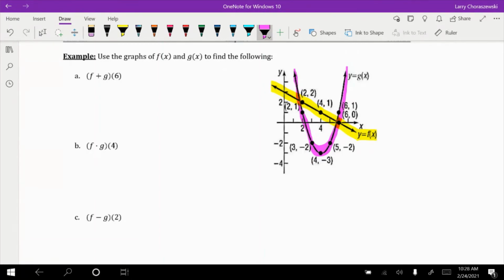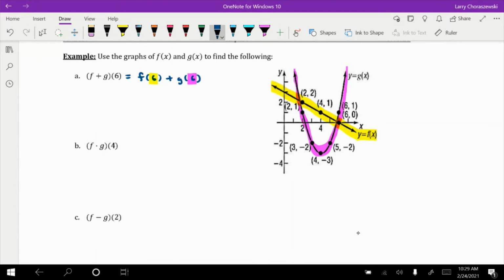That doesn't change how we rewrite the problem, though. So for example, in part A, we can still rewrite this as f of 6 plus g of 6. And since we have the graphs of f and g instead of the equations, it's going to boil down to adding the y values that correspond to each of these x values.